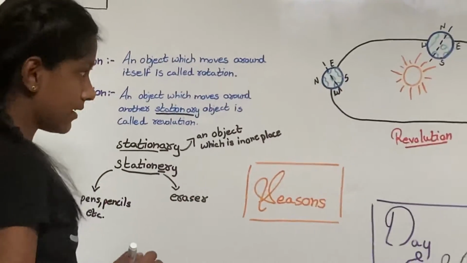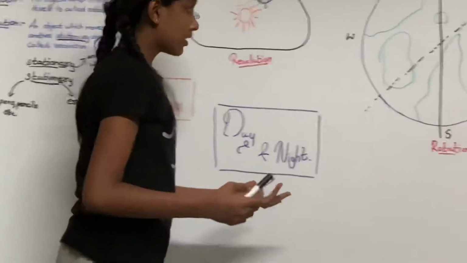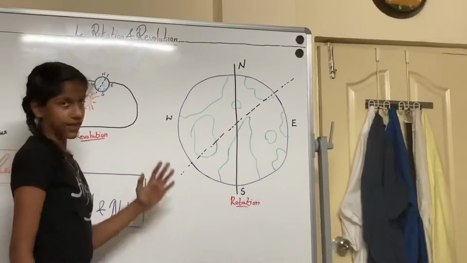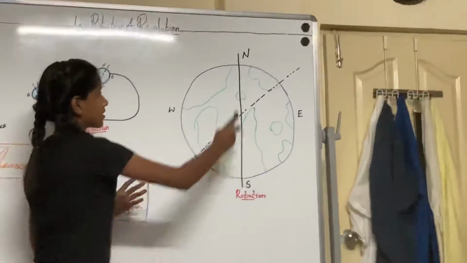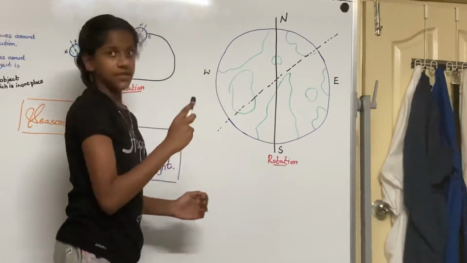Okay, let's see how does rotation work. Now, as you can see, I have a model of Earth here. Now, this is the direction of north, south, east and west.